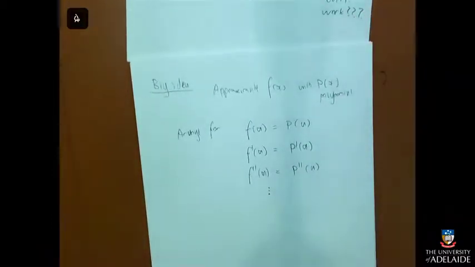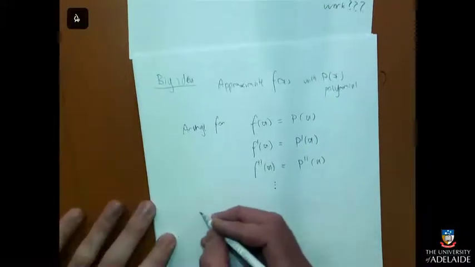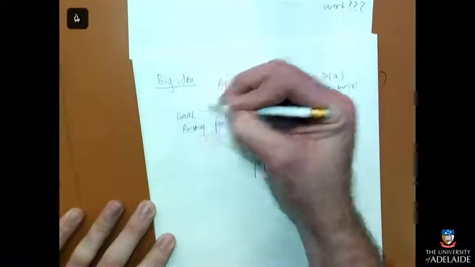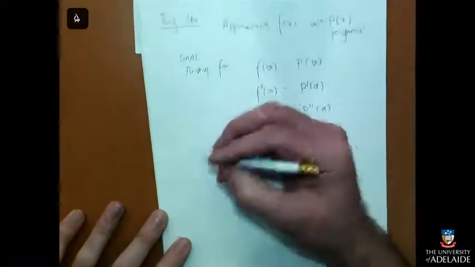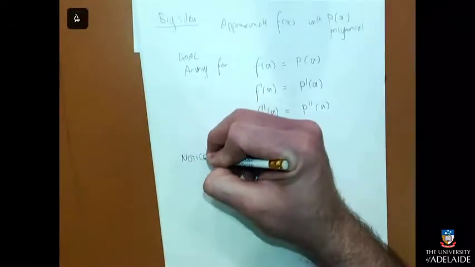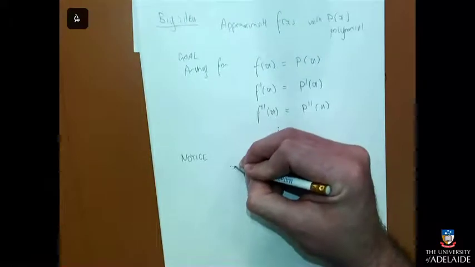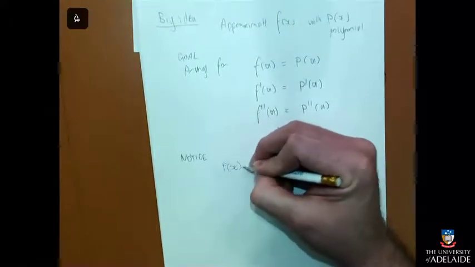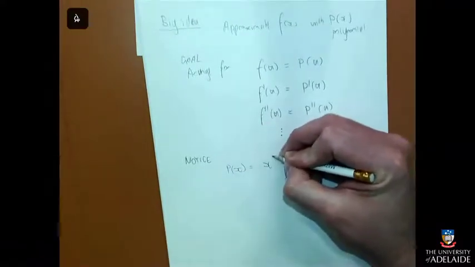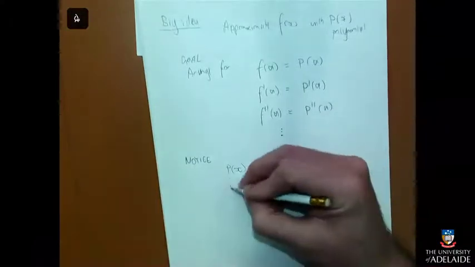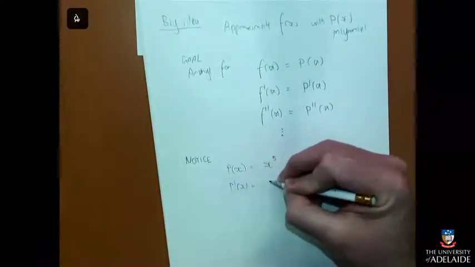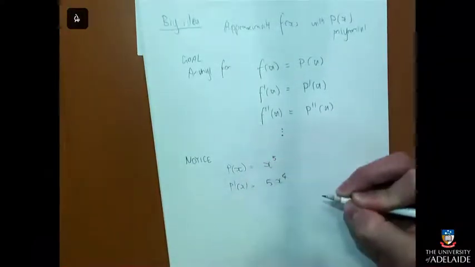All right, and the second observation is that when I differentiate a polynomial, something interesting happens. So my goal is to arrange for these things to match. And we notice this. If I take my polynomial, if it was like x to the 5, say, then the derivative would be 5x to the 4.